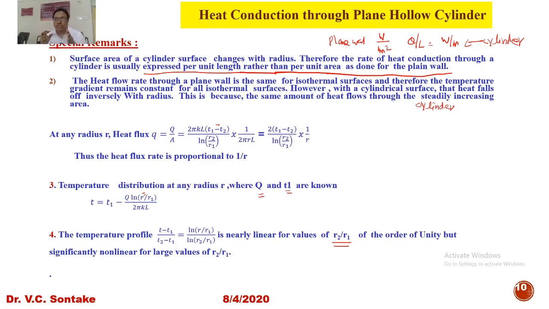So if the wall is of sufficiently higher thickness, the temperature variation will no longer remain linear. It will be a curved line and it will be logarithmic in variation. Please keep this in mind.